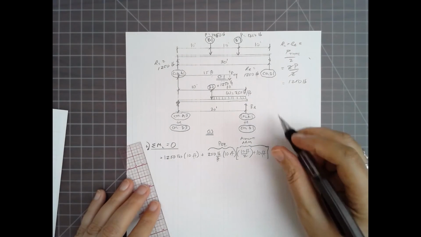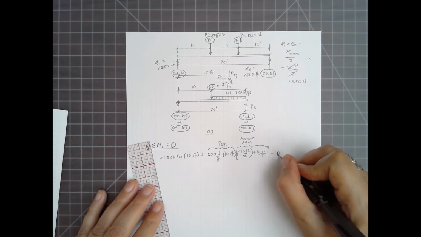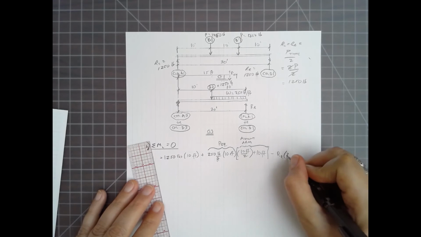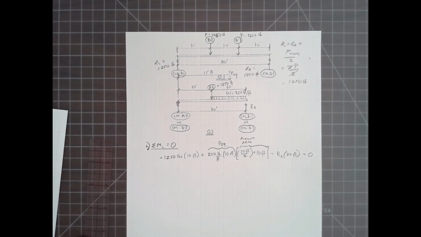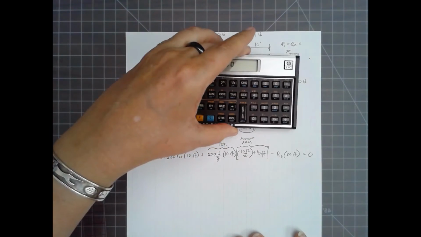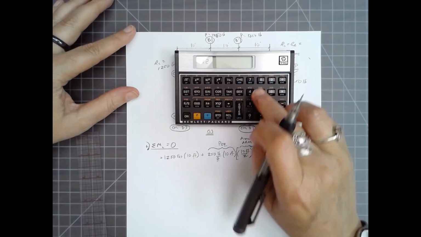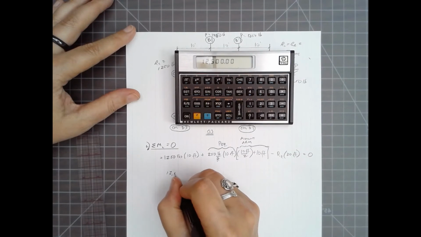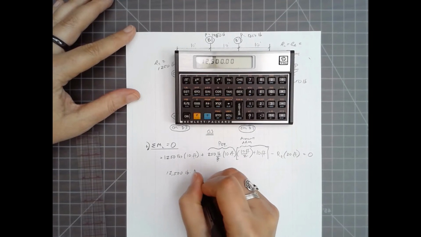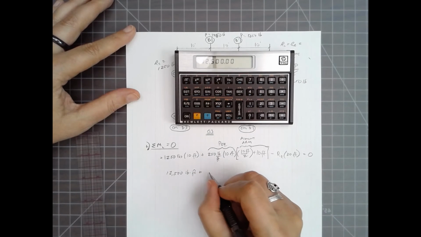And then on the right-hand side, we have the reaction upwards at 20 feet, and that all balances to 0. So let's multiply all this out. So it's 12,500 pound-feet plus this is 2,500.